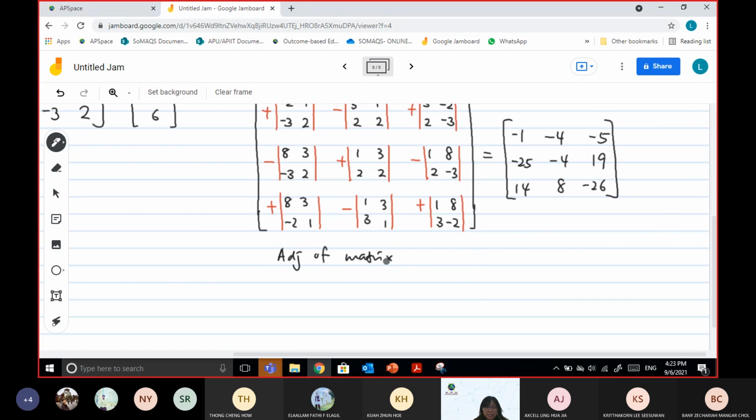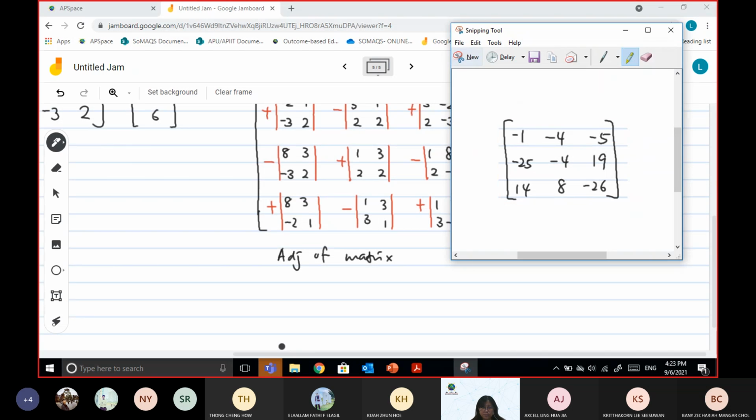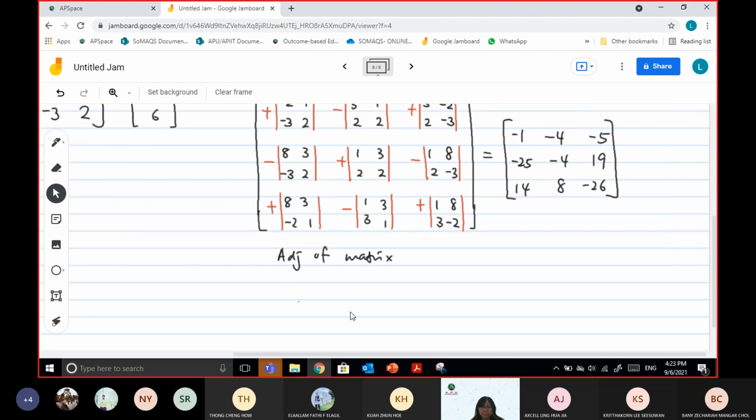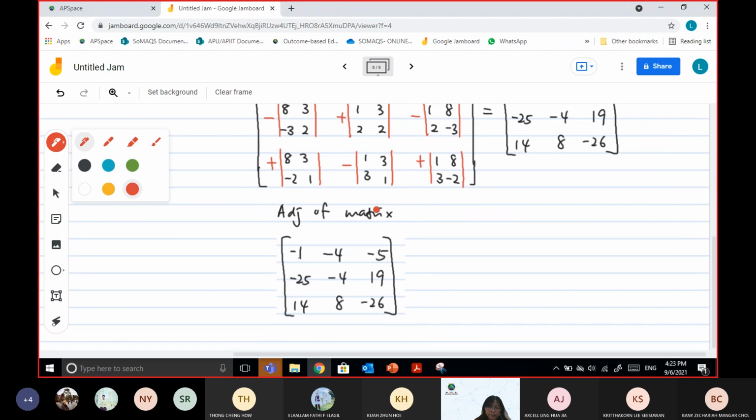So we just get the transpose of the matrix. Let's find the transpose. Transpose is very simple, right? Basically, just get the row become the column.